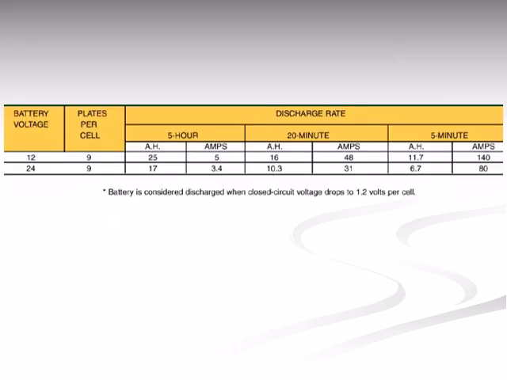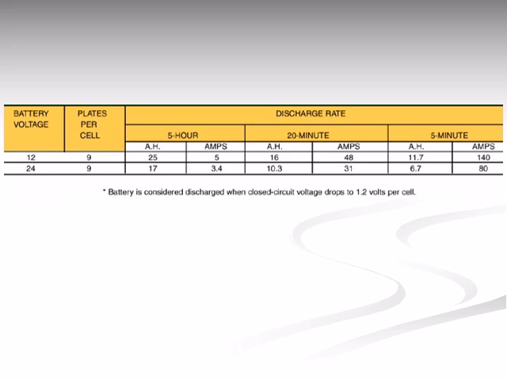This table shows the discharge characteristics of 12-volt and 24-volt batteries, each with 9 plates per cell, under various load conditions. The discharge rate is categorized into 5-hour, 20-minute, and 5-minute intervals, each showing both ampere hours and the corresponding current in amps. For example, a 12-volt battery can deliver 25 ampere hours over 5 hours at a rate of 5 amps.